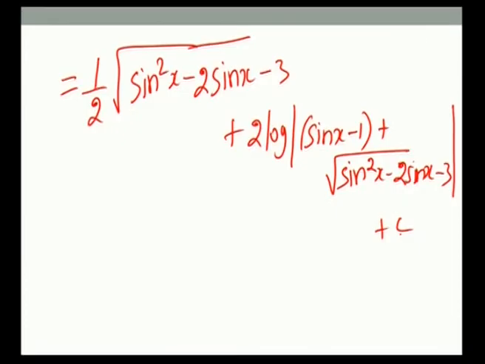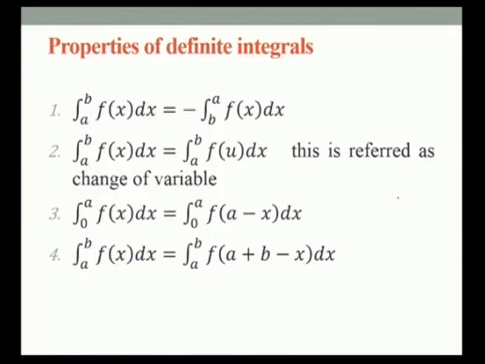The final result is 1 by 2 square root of sin square x minus 2 sin x minus 3 plus 2 into log of sin x minus 1 plus square root of sin square x minus 2 sin x minus 3, plus c, where c is the constant of integration. So this is the integration of trigonometric functions.